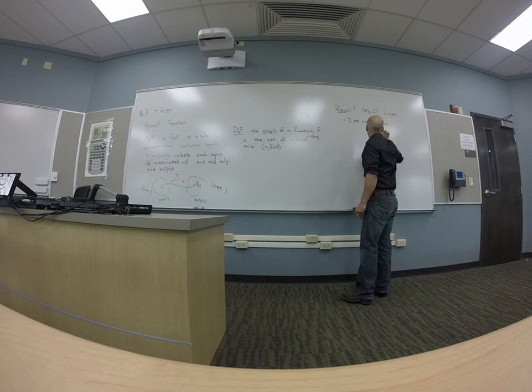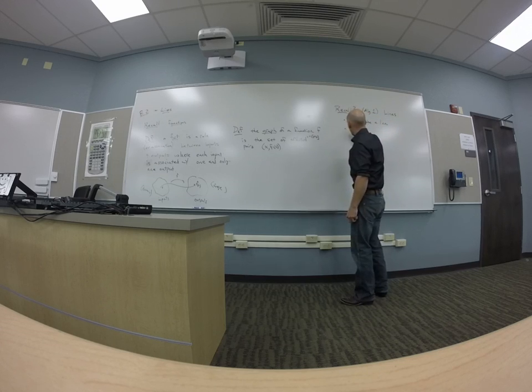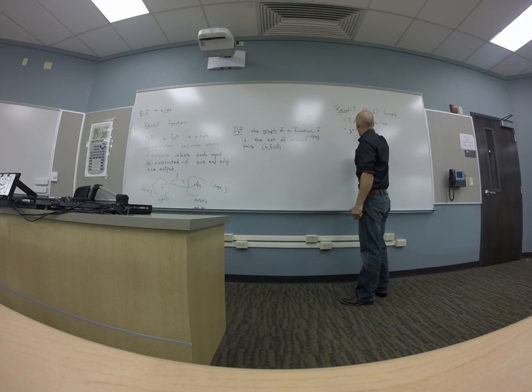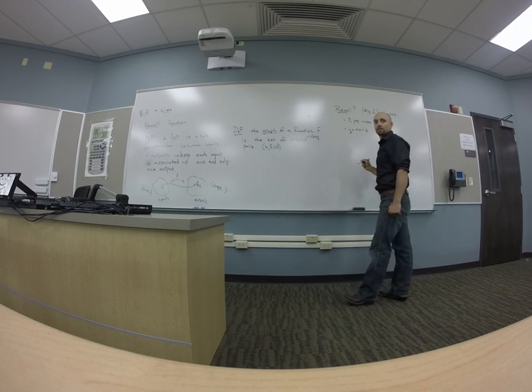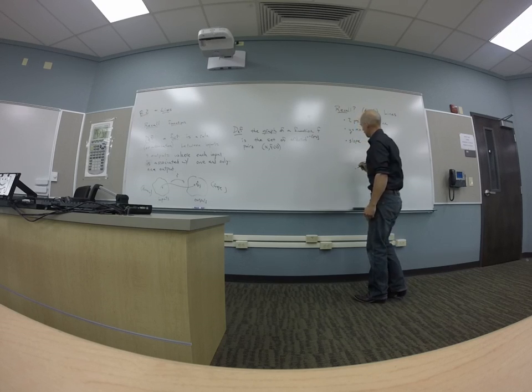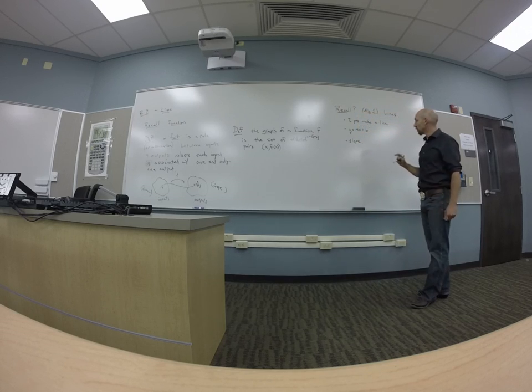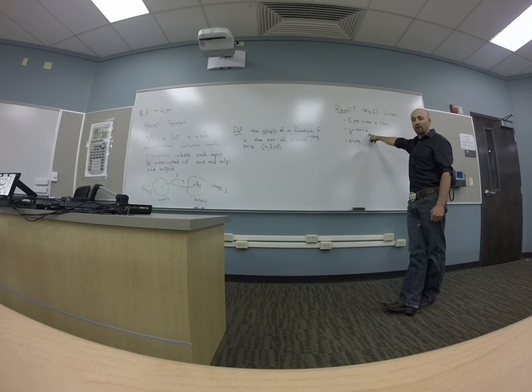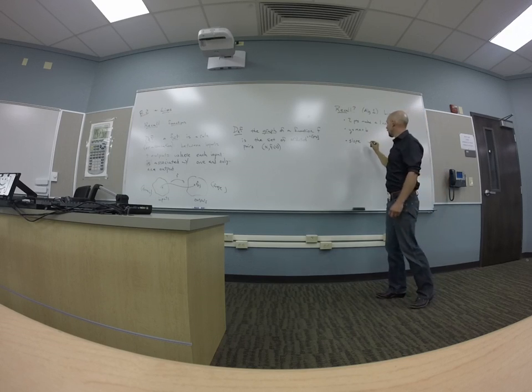Then usually somebody pipes in with the idea that a line is y equals mx plus b. What else do we get? Usually we get something about slope. So look at this for a second and think, what's the slope here? Well, the slope here is the m.